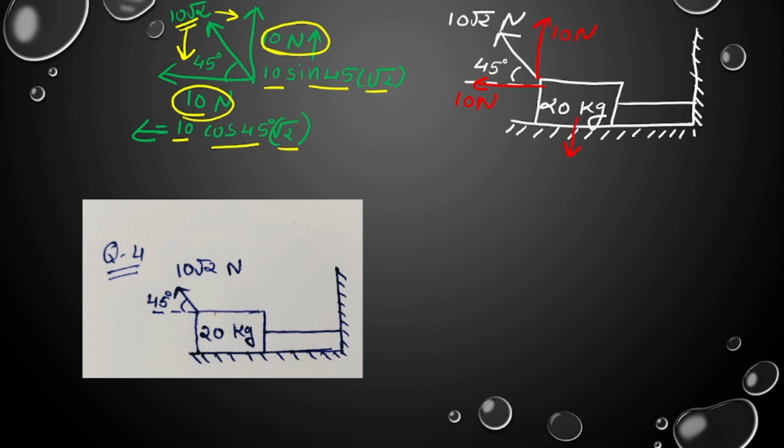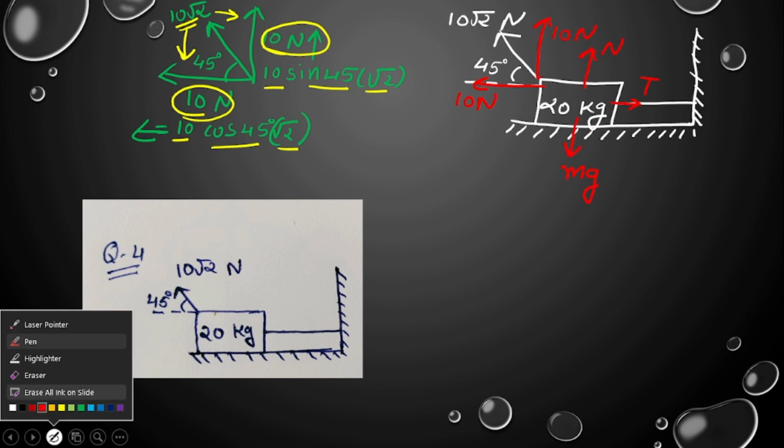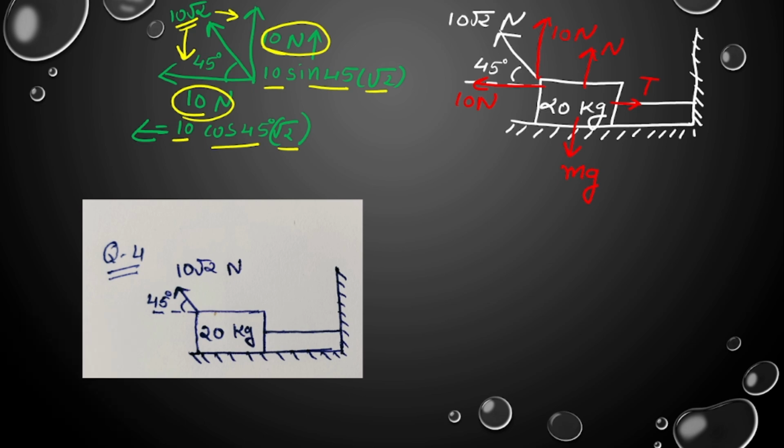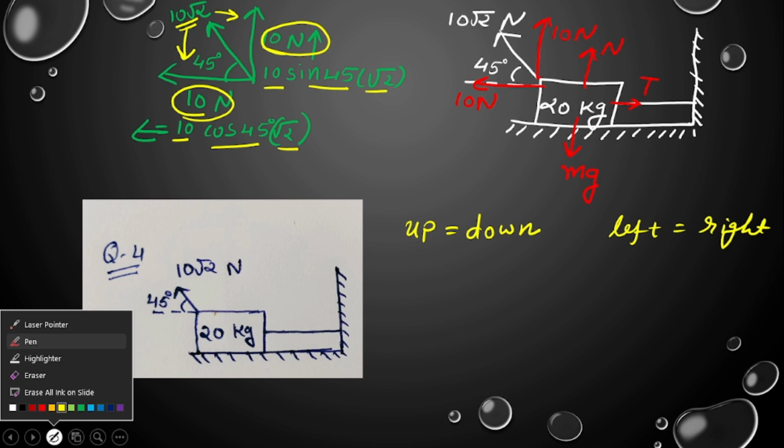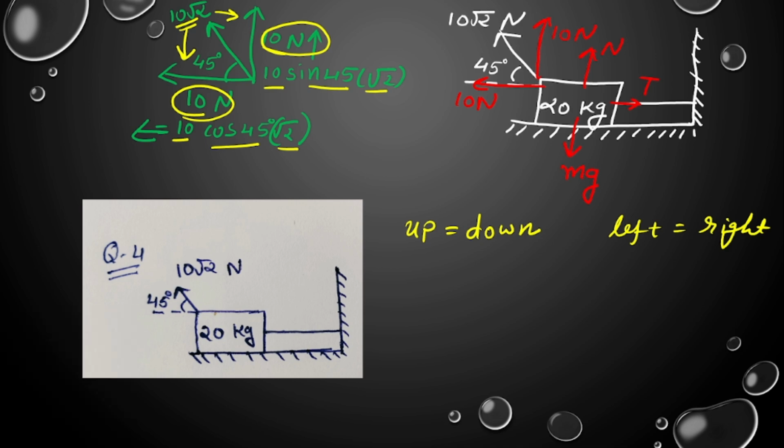mg is always acting, no doubt in that. Normal force is always acting, no doubt in that, and tension is also here. Again, as we can see, the system is in equilibrium. Up equals down and left equals right, and let us simplify.